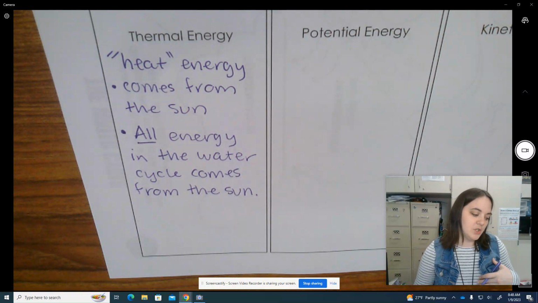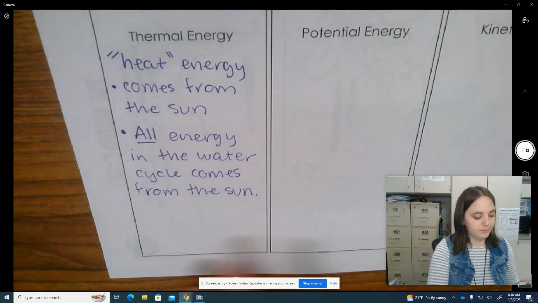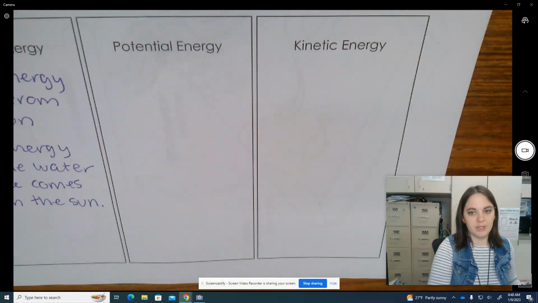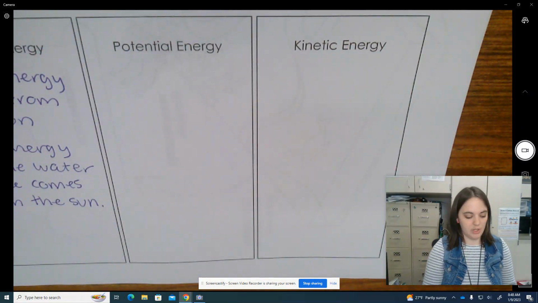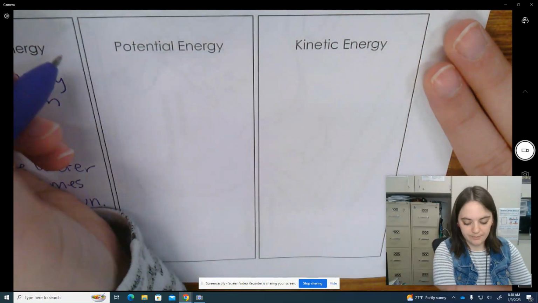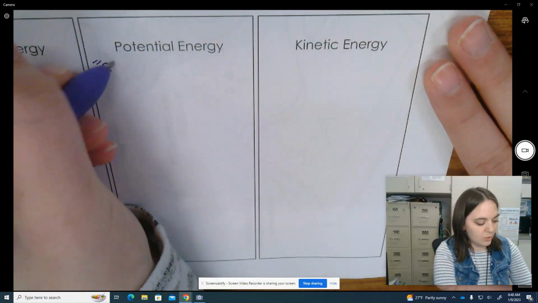So once the energy gets into the water cycle, it either is potential energy or kinetic energy. Potential energy is stored energy.